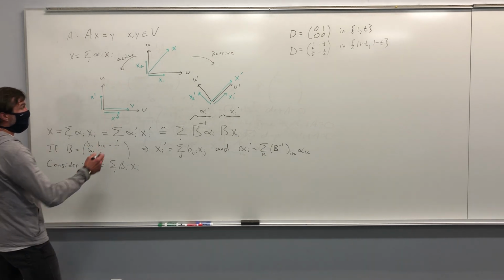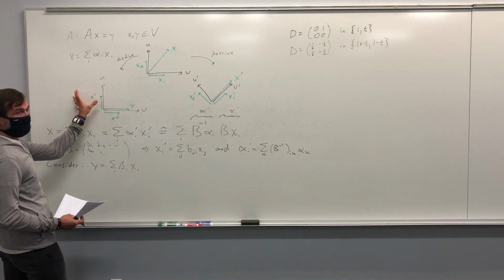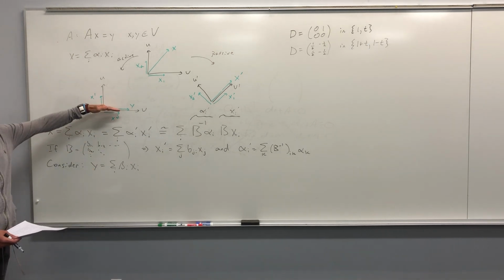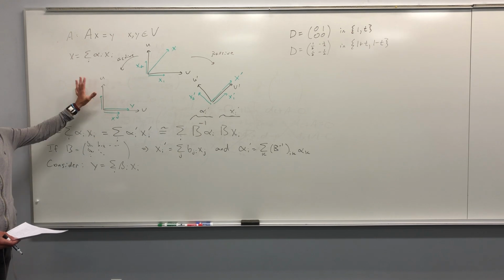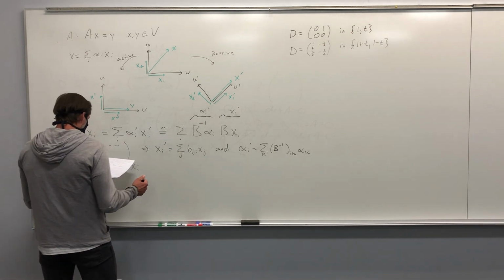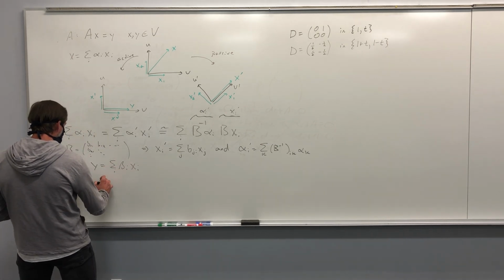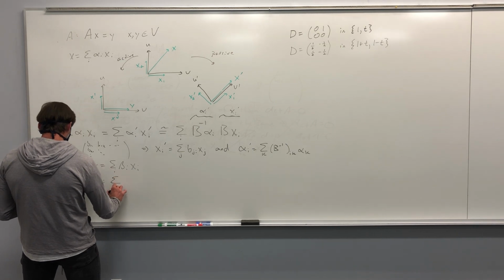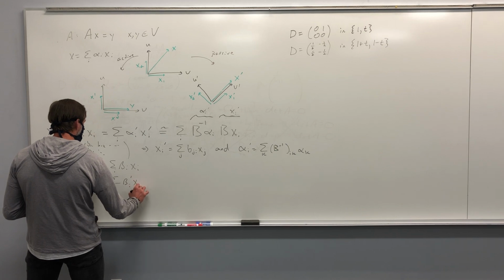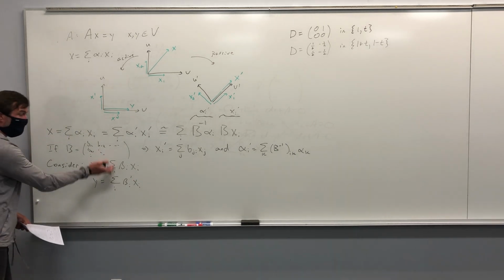But now I want to map it to a transformed version of the coordinates. I don't actually have that picture up here and I'm not going to draw it. But the y vector that you get after you do the coordinate transformation should be the same as the one you started with. So y equals this, but y also equals the transformed beta and the transformed xi. These should be the same.